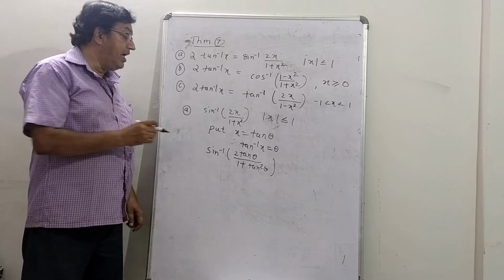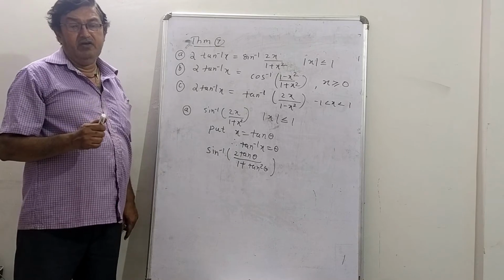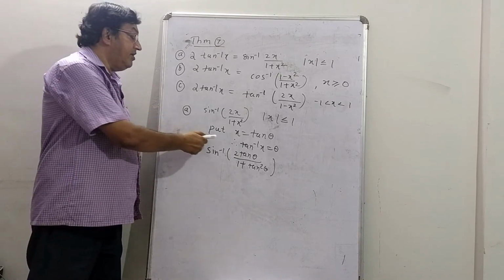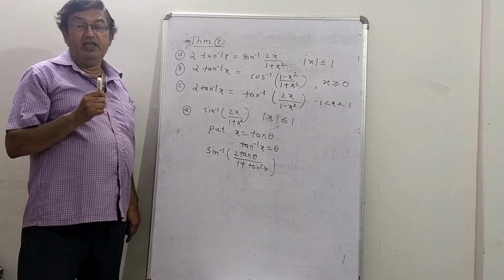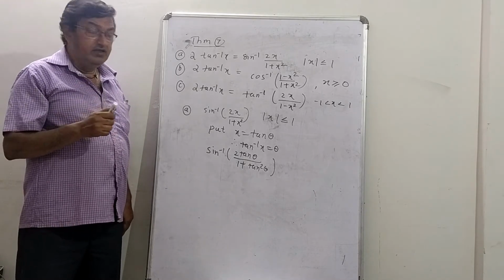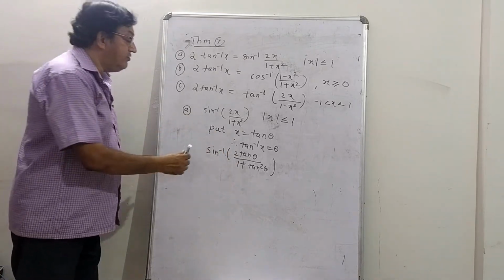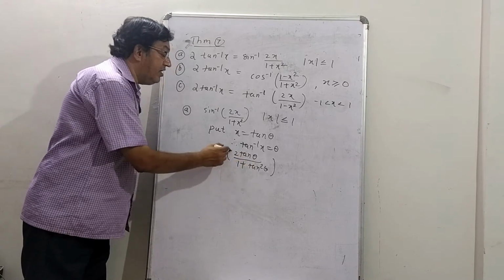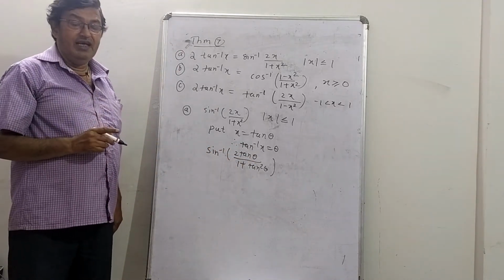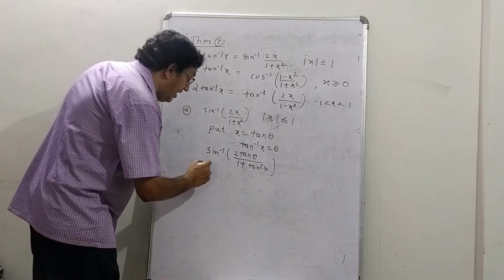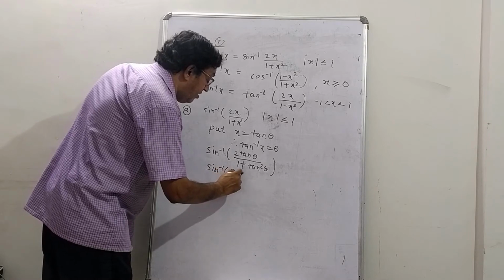But what is 2 tan divided by 1 plus tan square? This is the value of sin 2 theta. Sin 2 theta is a multiple angle formula, and there are two results. One is 2 sin theta cos theta. The second one is 2 tan theta divided by 1 plus tan square theta. This value is the value of sin 2 theta. So we can replace 2 tan theta divided by 1 plus tan square theta by sin inverse of sin 2 theta.